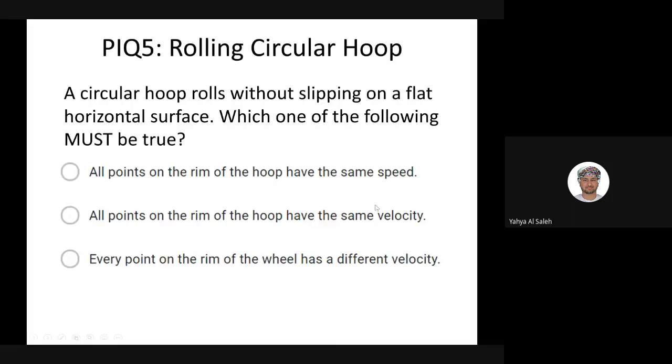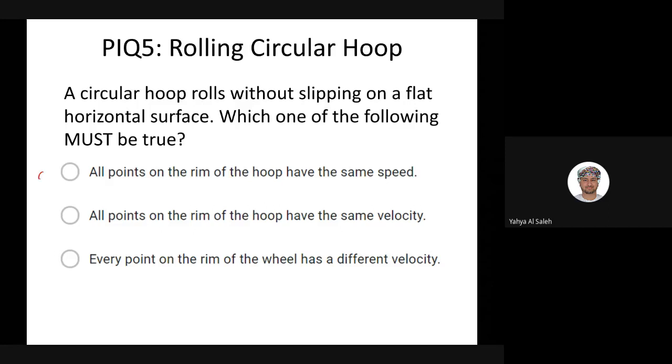Let's do one last PIQ before we call it a day. A circular hoop rolls without slipping on a flat horizontal surface. Which one of the following must be true? A, all points on the rim of the hoop have the same speed.